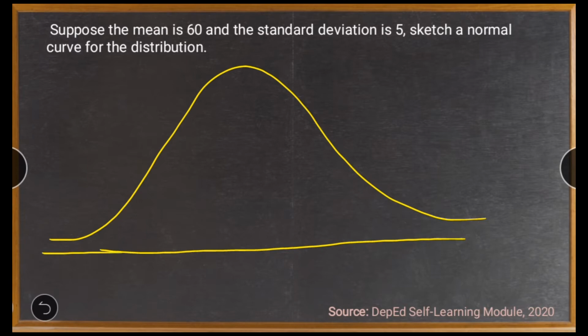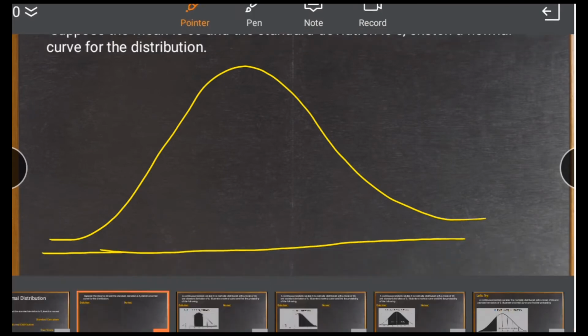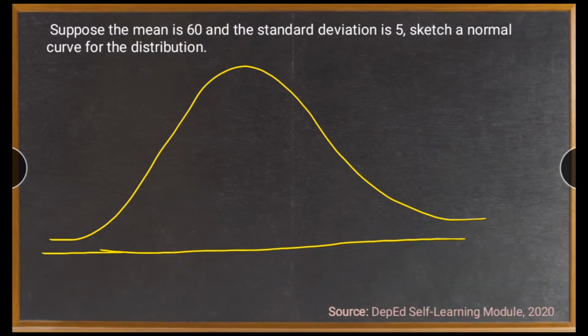Just remember that when we have a normal curve, the tails must be asymptotic, meaning they will never cross the x-axis. The total area under a normal curve is 1 or 100%.